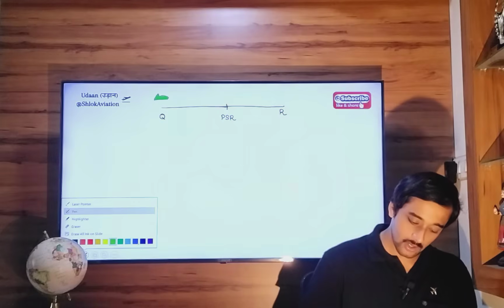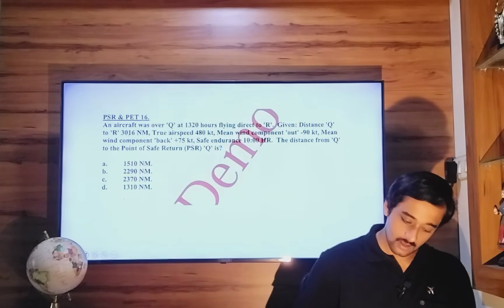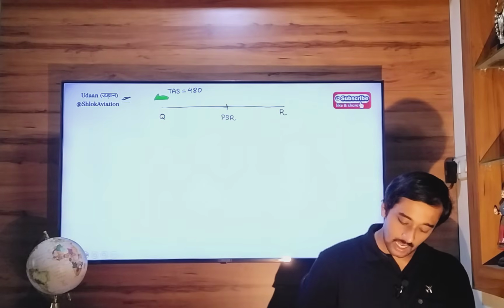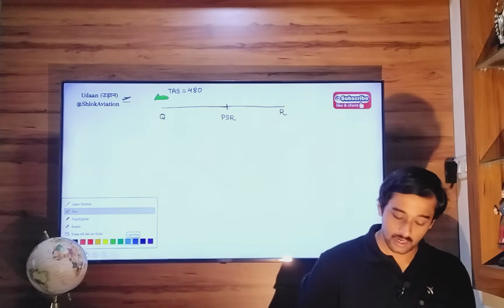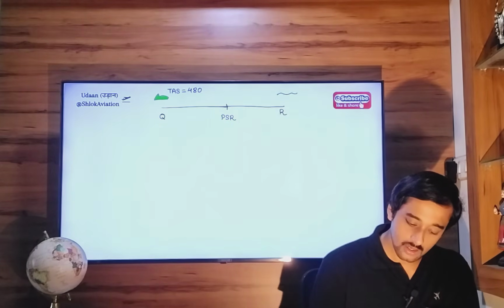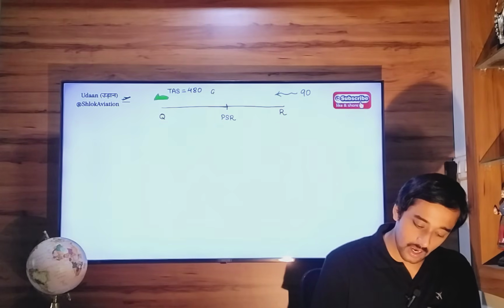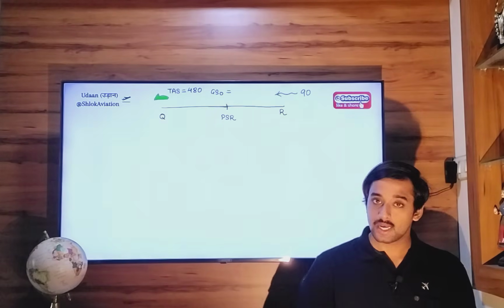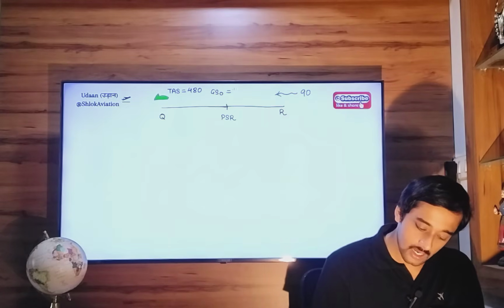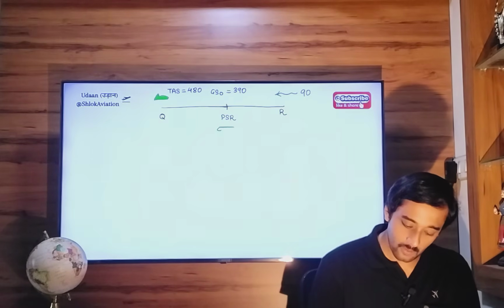Here is your point of safe return. Now the true airspeed of this aircraft is 480. Flying outbound, you are getting a headwind of 90 knots, so the outbound ground speed will be 480 minus 90, which is 390. Next, homebound.